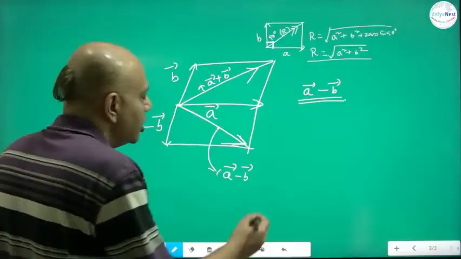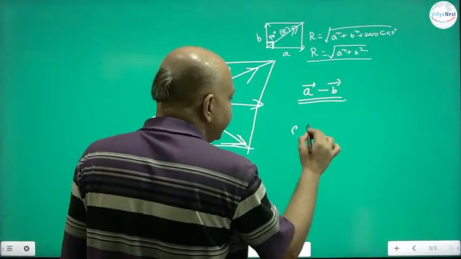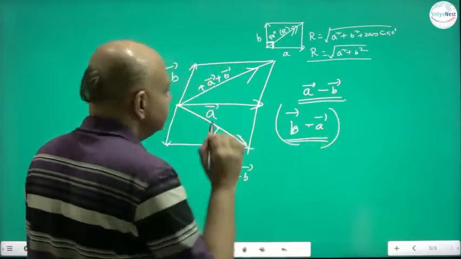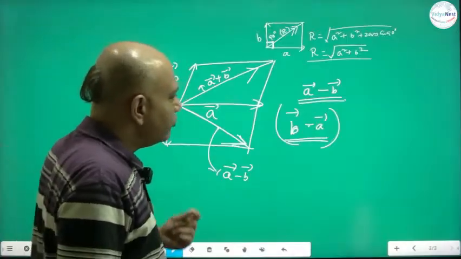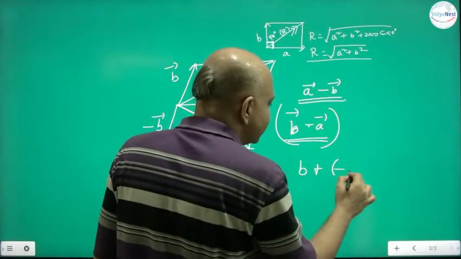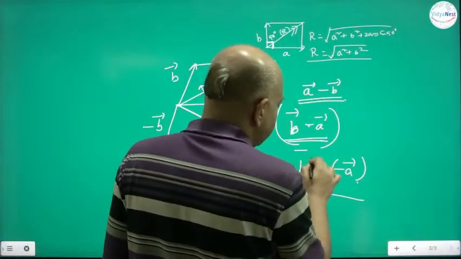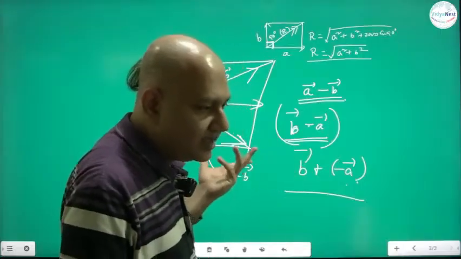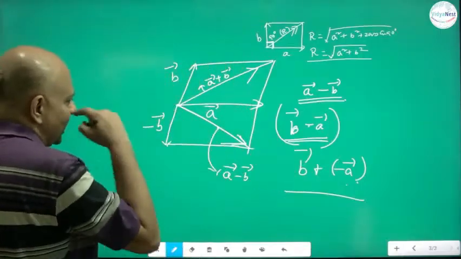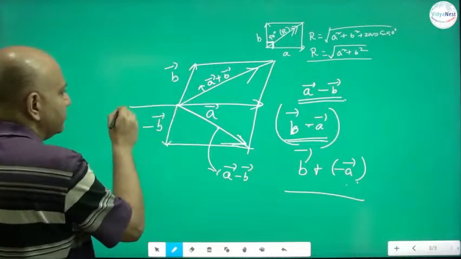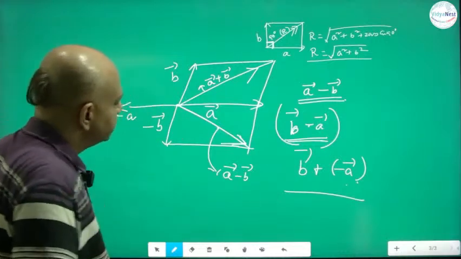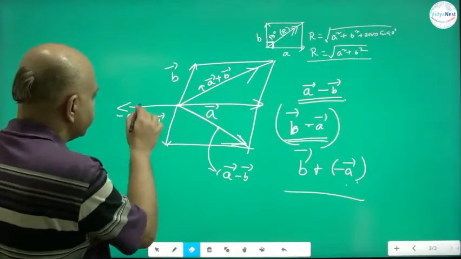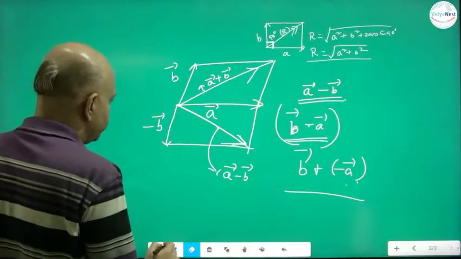So can you tell me what should be the diagram of B minus A? Actually, what to do? B plus of minus A. We are going to add minus A with B. Nothing else. I'm going to put the minus A in the opposite direction of the A, because plus A is in this direction, minus A is in the opposite direction. If any confusion arises, immediately tell me.